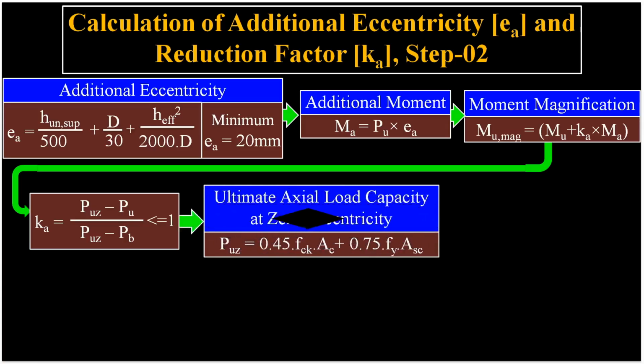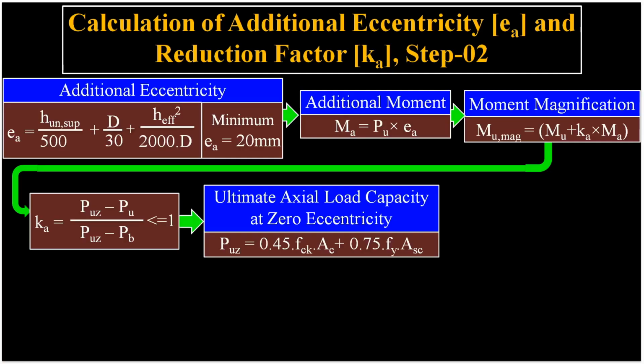Ultimate axial load capacity at zero eccentricity, Puz. Now, it is the time to reveal the formula for Puz. We know as per Indian Standard Code, formula for Puz equals 0.45 times FCK times AC plus 0.75 times FY times ASC.